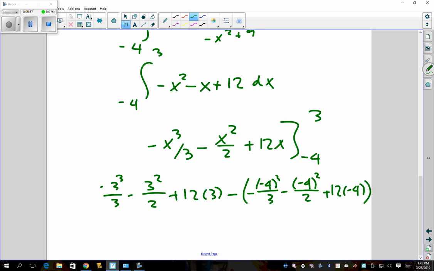And if you want to use a calculator to solve this, or you can just keep it in fraction form, you should get 343 over 6, or 57.1667, rounding up.